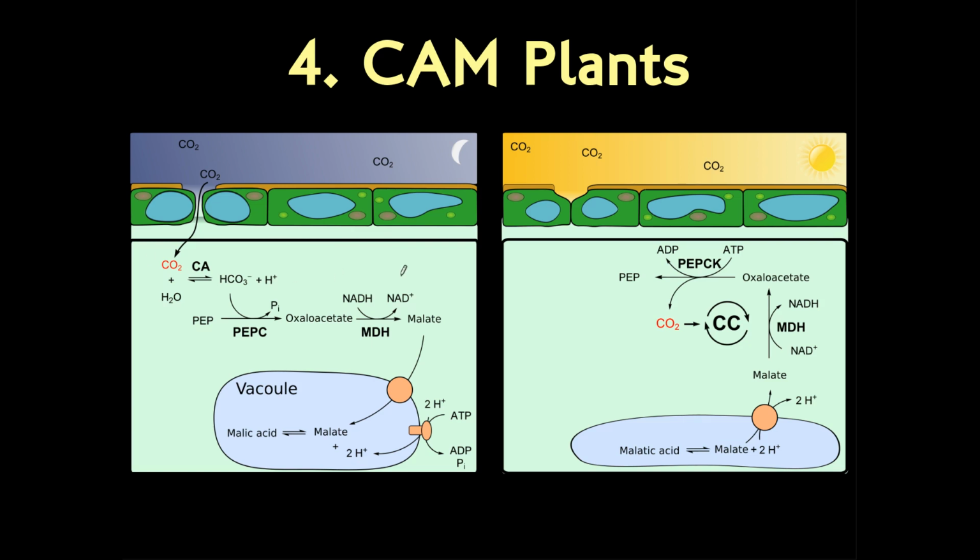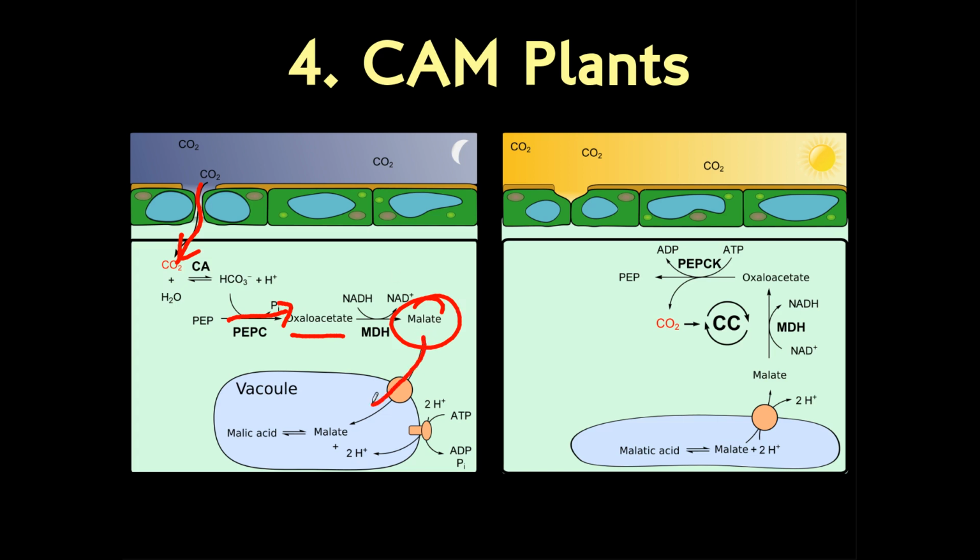During the night, when the temperature is low, the plants will open up their stomata and allow CO2 in. We're going to take that CO2, and using Pep C again, we're going to turn the CO2 into oxaloacetate, and again into malate. So we're still at this place.